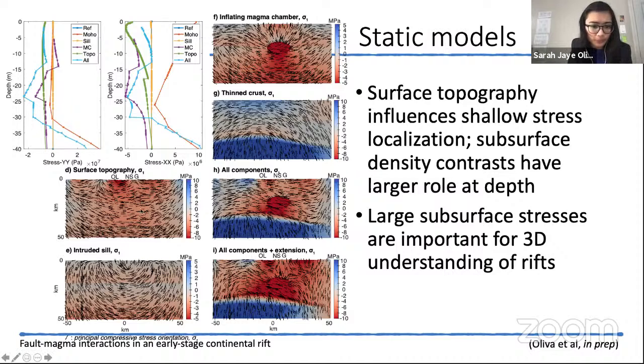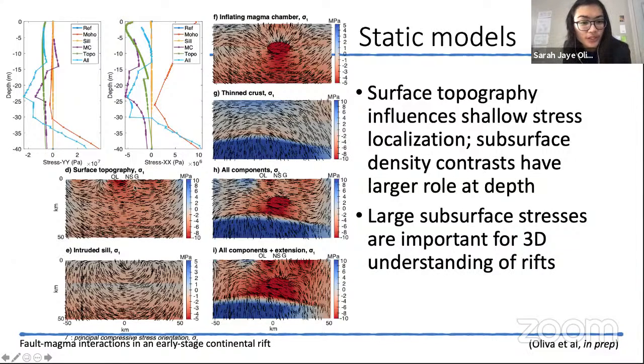We see here that the effect of surface topography is limited to very shallow depths, around where we find large variations in topography next to each other. The effect of the magma chamber is also high right next to it, but diminishes as you get farther away from it.